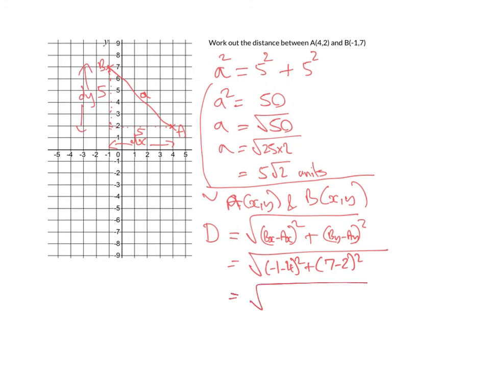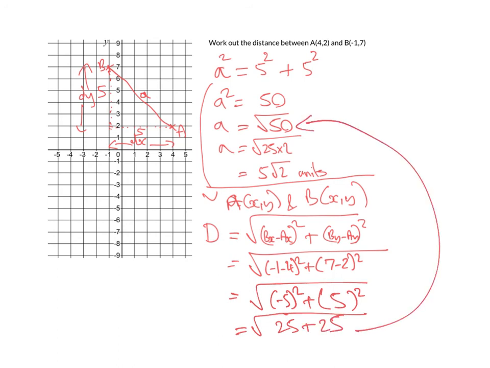Okay, -1 take away 4 is -5, so -5 squared plus 7 take away 2 is 5 squared. So that's the square root of 25 plus 25, which gets us back there. Okay, so that's the formula. If you don't want to draw a triangle out, you can just work out the differences. And if you do want to draw it out, that's fine. You can just draw a sketch. You don't need to go the whole palaver and draw a massive Cartesian grid to do it.